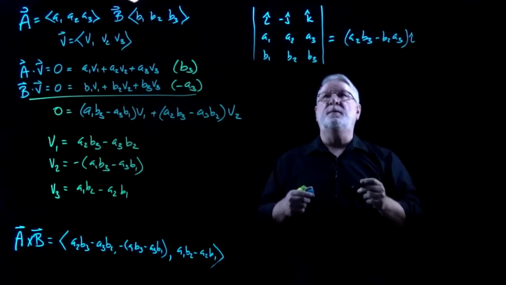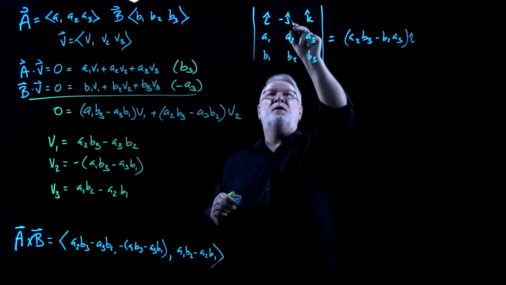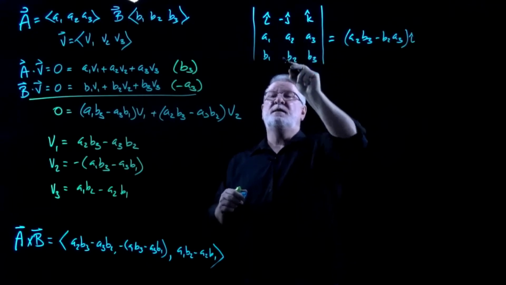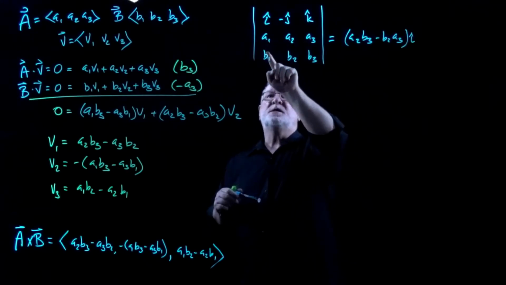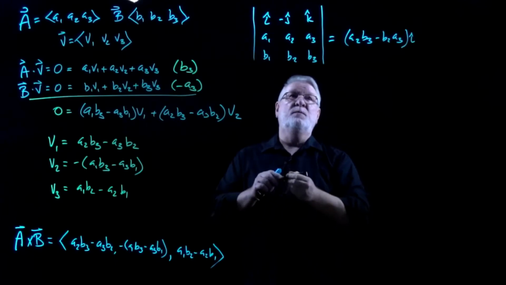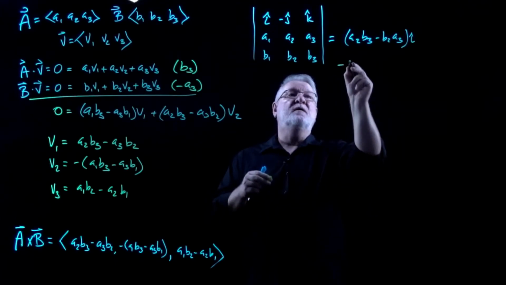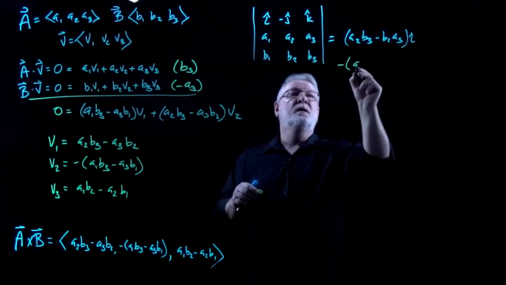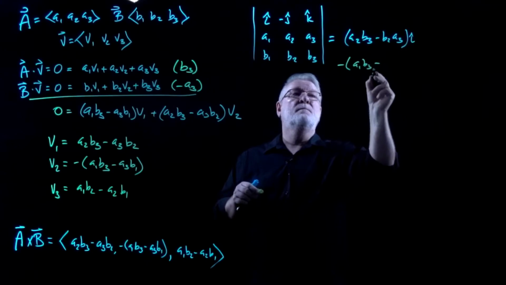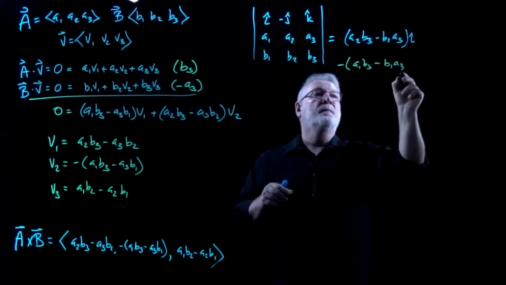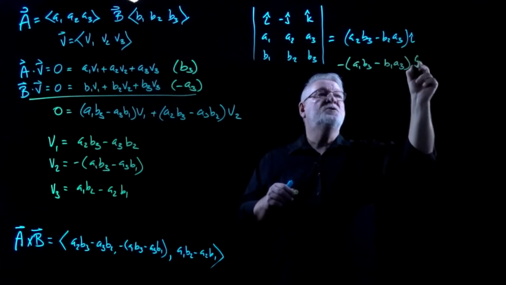Well, let's go further. I'm going to block out the j row and the j column, but I'm going to retain the negative. And what remains, of course, is A1, B1, and A3, B3. So the second term is going to be negative, open parentheses, A1 times B3 minus B1 times A3. And that's all in the j hat direction.